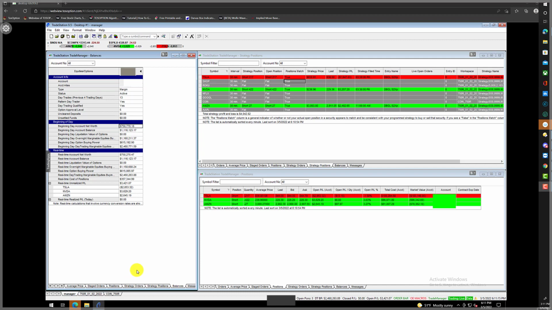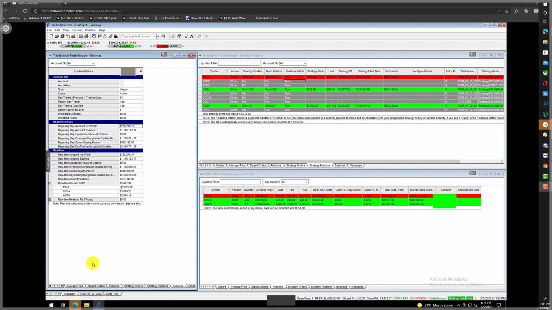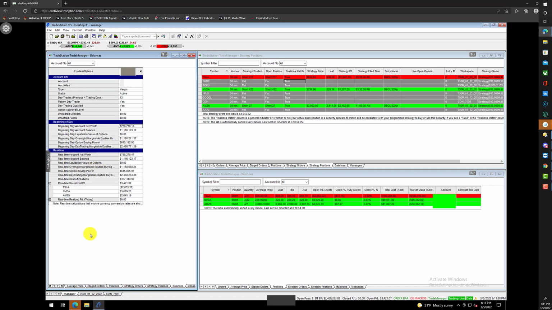When you log into your bank account, you get to see your balance, you can request statements, you can look at your spending habits, and so on. So basically this Trade Manager tab is going to show you everything that you look for when you log into your bank account.